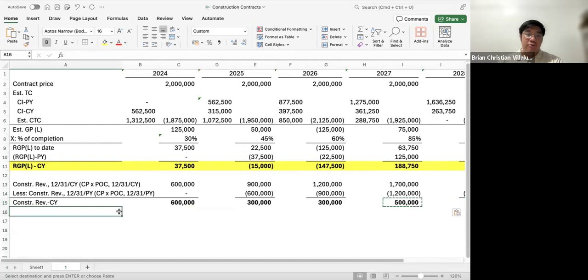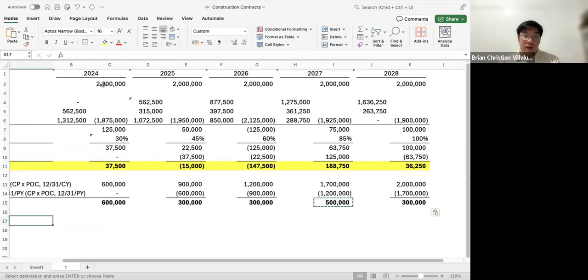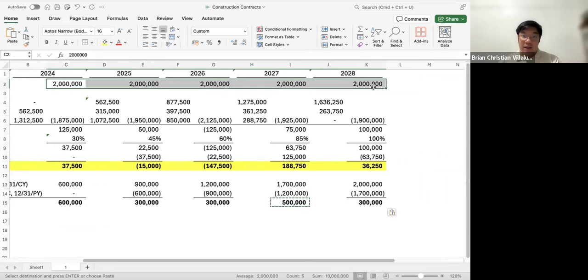What is method number 2? Method number 2, magagamit lang natin ito kapag ang contract natin or construction contract is a fixed price contract. Okay? It's a fixed price contract. Anong ibig sabihin ng fixed price contract, sir? Hindi nagbabago ang contract price over the construction period. Tulad ng nangyayari dito sa problem number 1 natin. 2 million siya all throughout. Tama?